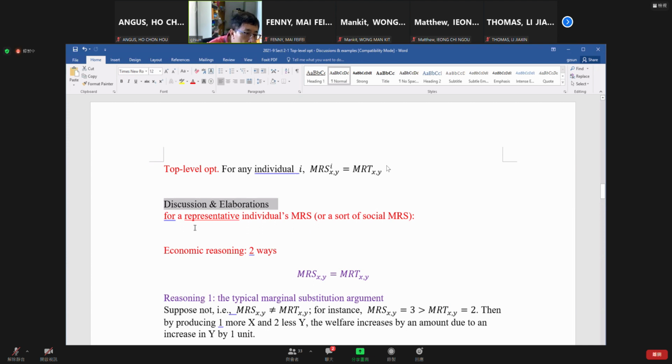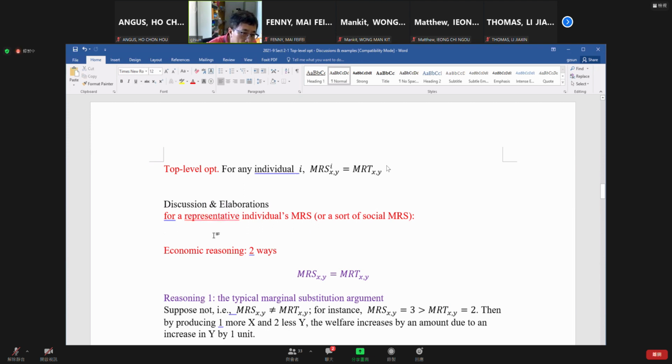Here we make a strong assumption. This is really strong. We assume we can find such a wonderful person. This wonderful person can represent our whole Macau society.